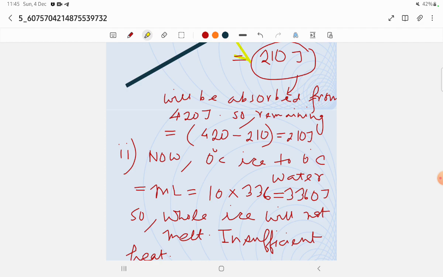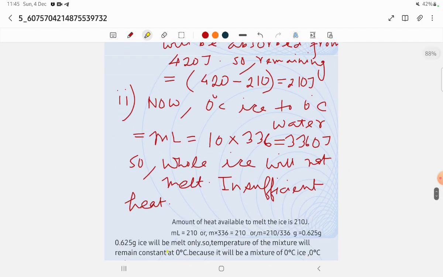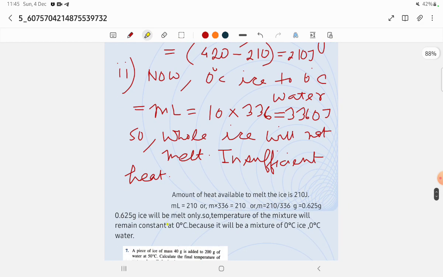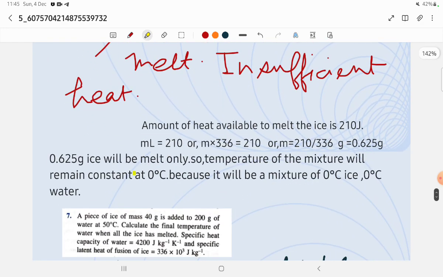So it's quite clear that the total 10 gram of ice will not melt. How much ice will melt? I have only 210 joule, which equals mL. L is known to us, so I will find M, the amount of ice that will melt. That is only 0.625 gram. The remaining ice will be left as usual.